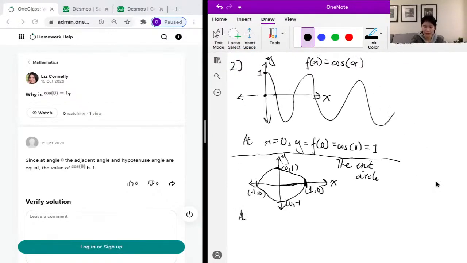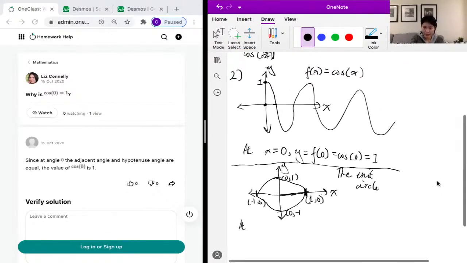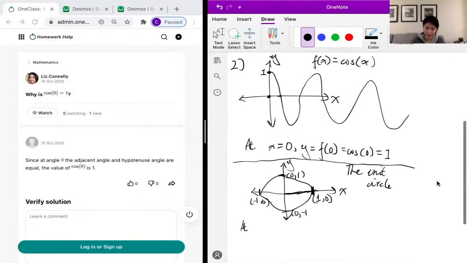Okay, so here we know that for our unit circle, at the angle equal to 0 degrees or 0 radians, the x value is equal to 1, which is equal to cos of 0. And this is another reason that our cos of 0 is 1, okay?